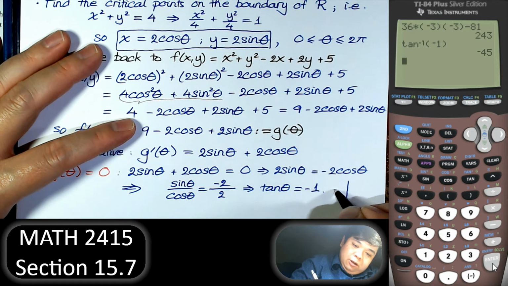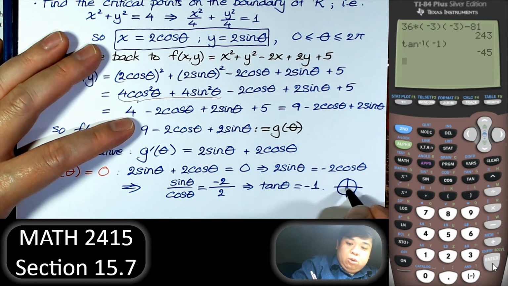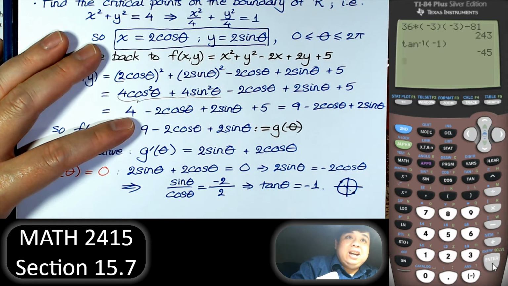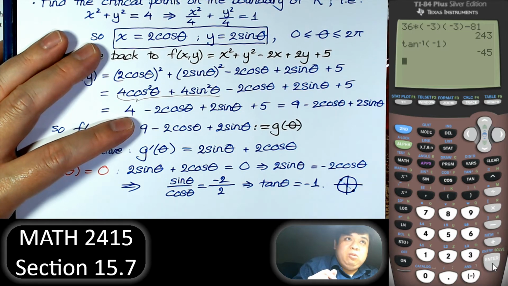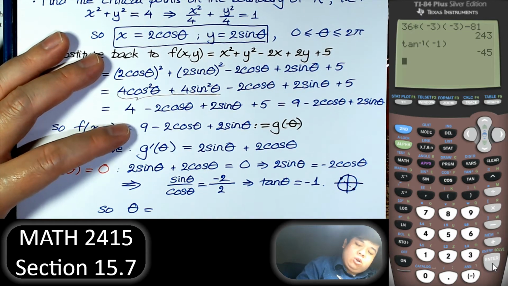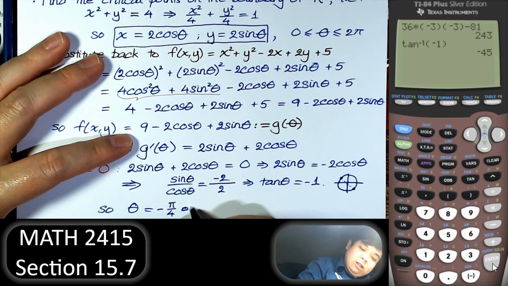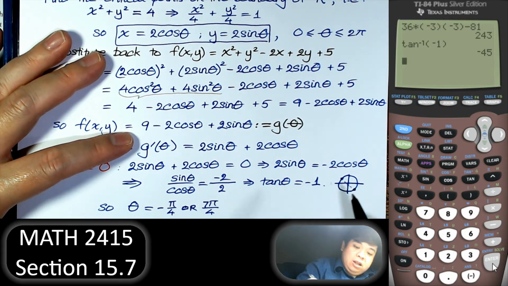So on the unit circle, negative 45 degrees here. Or we can also go the opposite direction. Both of them have the tangent equal to negative 1. So theta equal to this point, negative 45 degrees, or we can say 7 pi over 4, a coterminal angle, adding 2 pi to it.